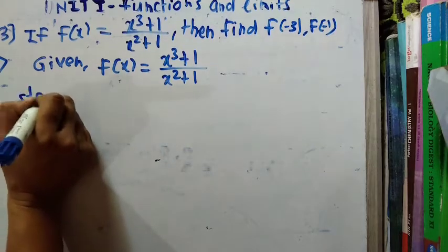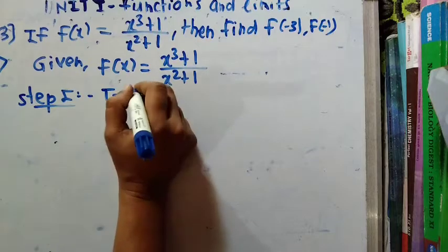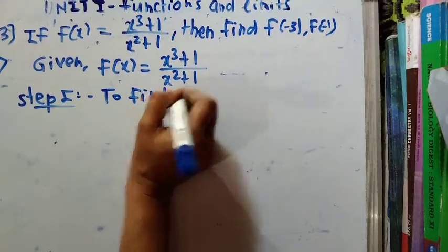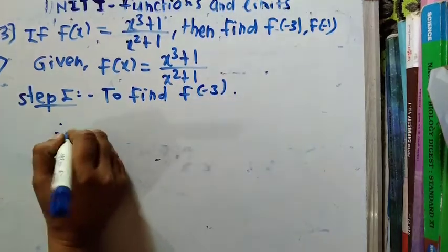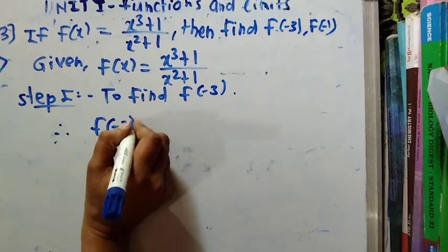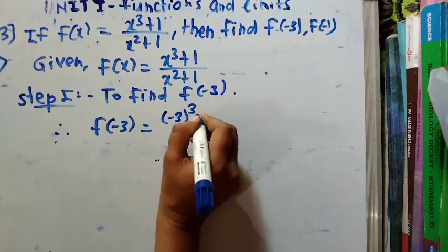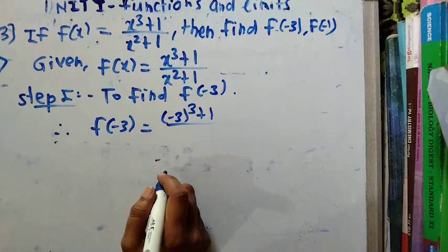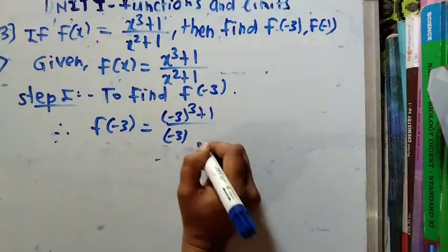Then step first, to find f of minus 3. So here f of minus 3, put the value of minus 3 here, minus 3 cube plus 1 divided by minus 3 squared plus 1.